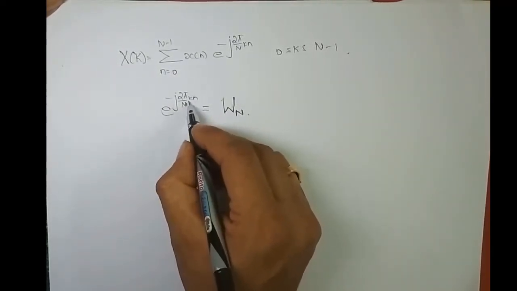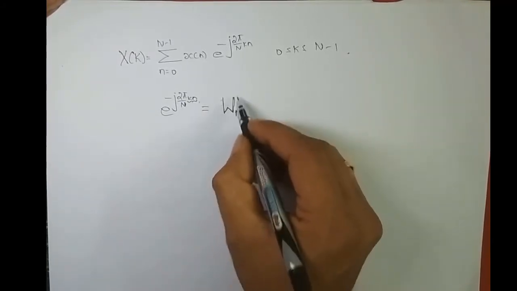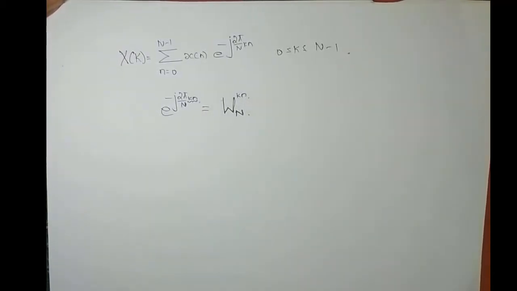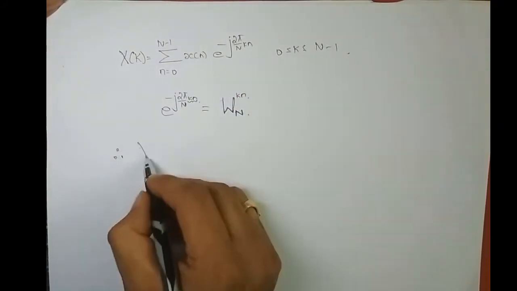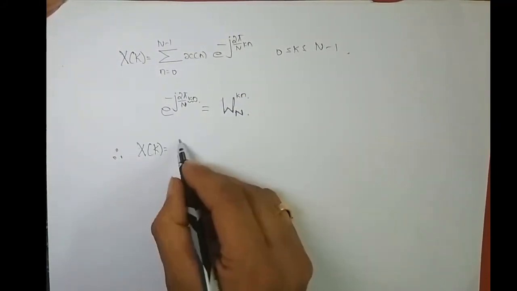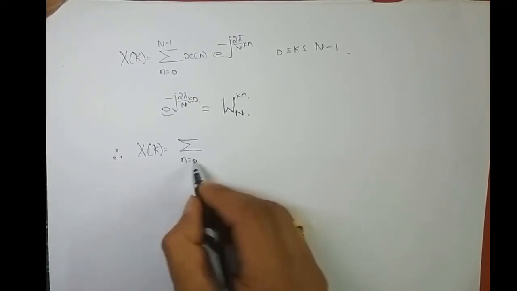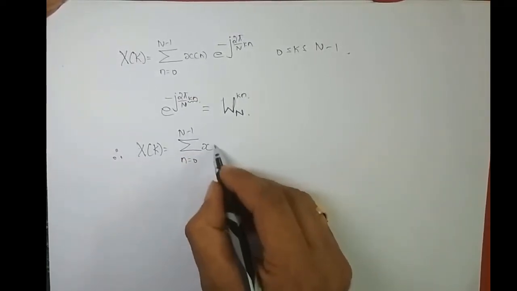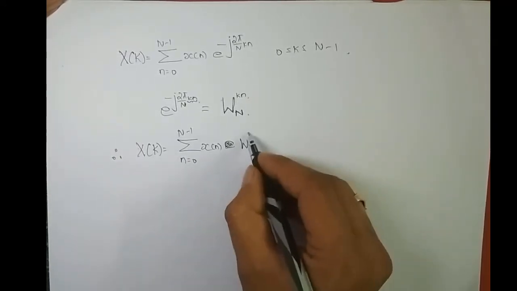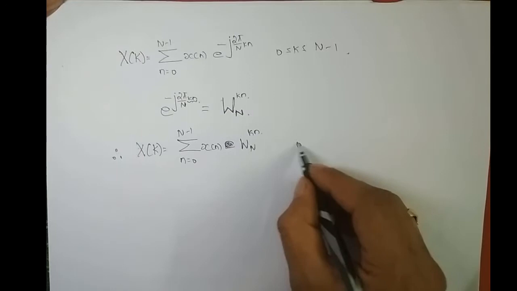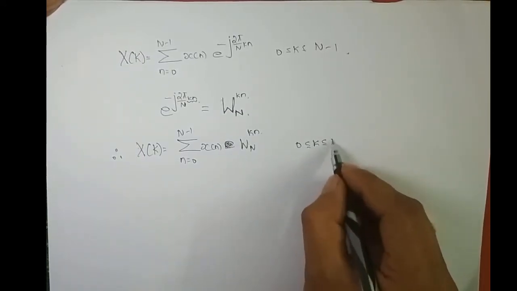If you put in the two more terms kn, it is nothing but W_N power kn. Therefore, I can write this formula in terms of W as X of k equal to the summation, n varying from 0 to n minus 1, x of n into W_N power kn, where k is varying from 0 to n minus 1.